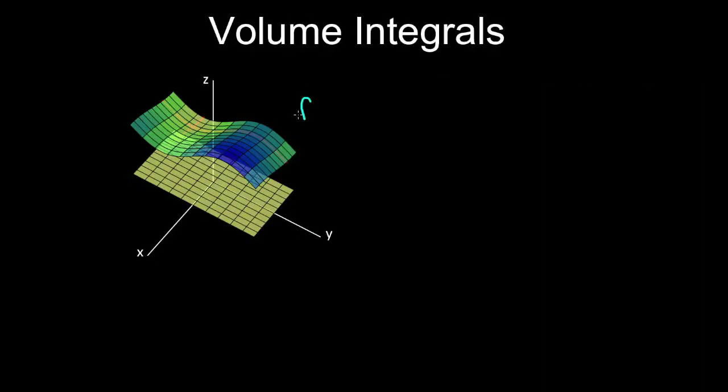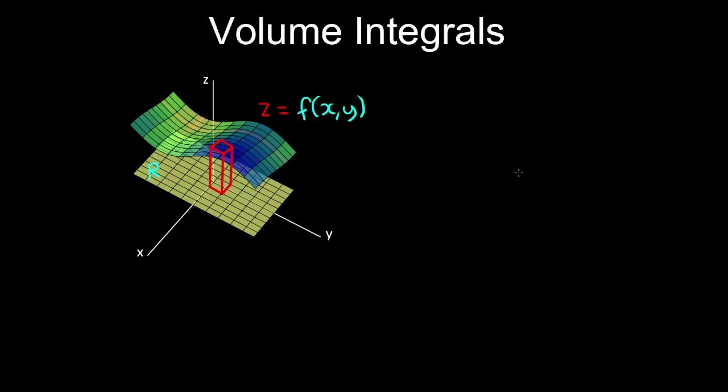Suppose we have a positive function of two variables, which is defined over the rectangular region R in the function's domain, and we take an arbitrary rectangle in this region and form a rectangular prism with the surface, where the surface is defined as z equals f of x and y.